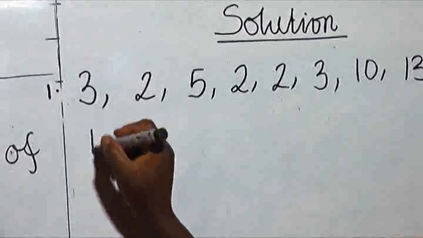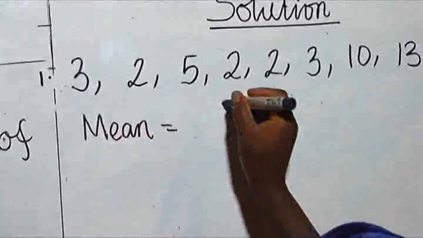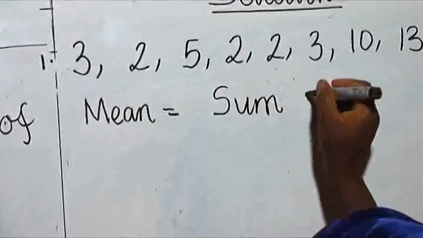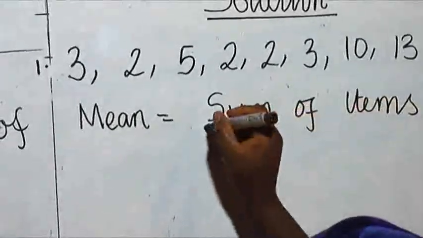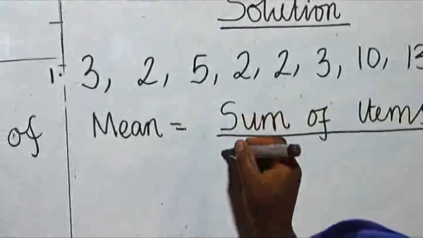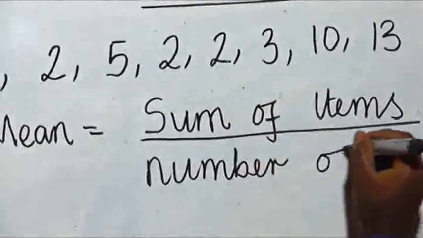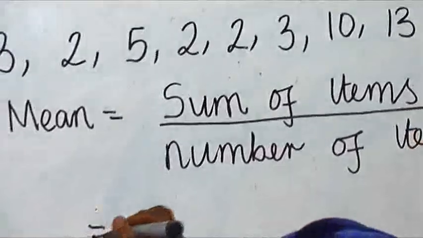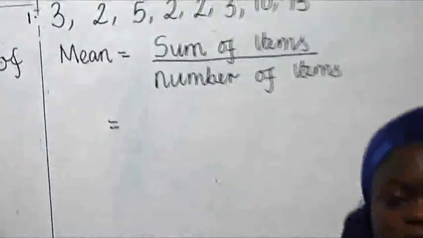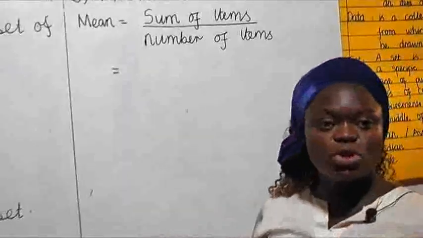For us to calculate the mean, we use this formula: sum of items divide by number of items. Sum is another word for addition, or we say plus. So don't forget, sum means addition or plus.